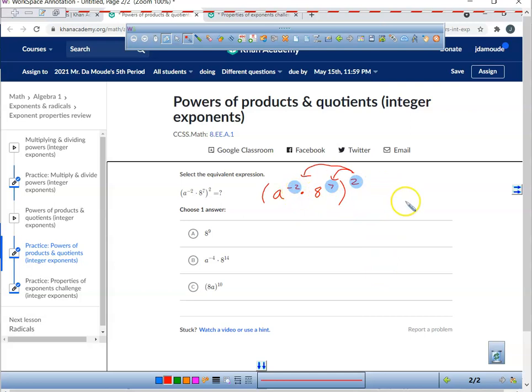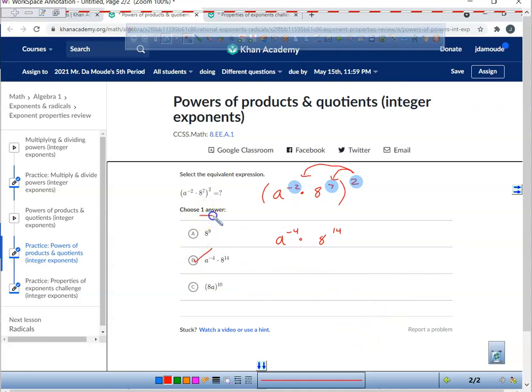So what is -2 times 2? -4, very right. And what's 2 times 7? 14. So it's times 8 to the power of 14. Does anybody see an answer choice that looks right there? That works. Okay?